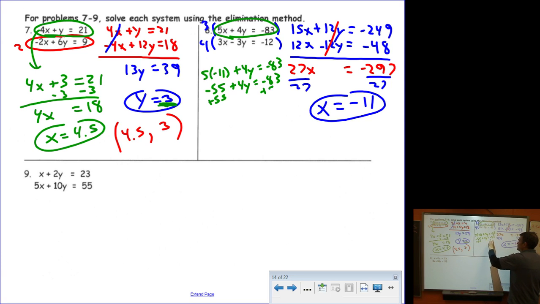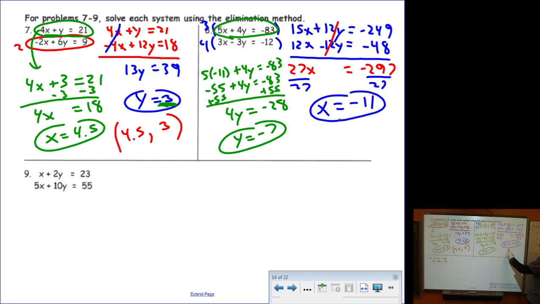Adding 55 to both sides, I would get 4y equals, that's a yucky number, is that right? Negative 28, it is. And then if I divide by 4, obviously I get negative 7. So my answer is x equals negative 11, y equals negative 7.